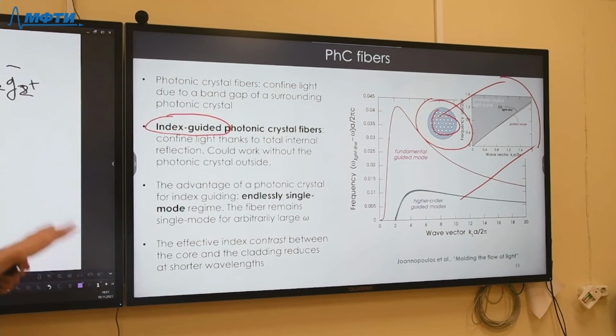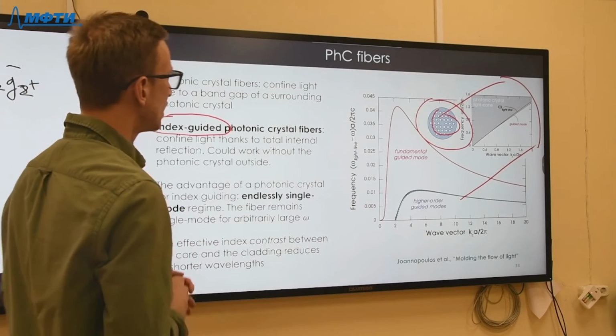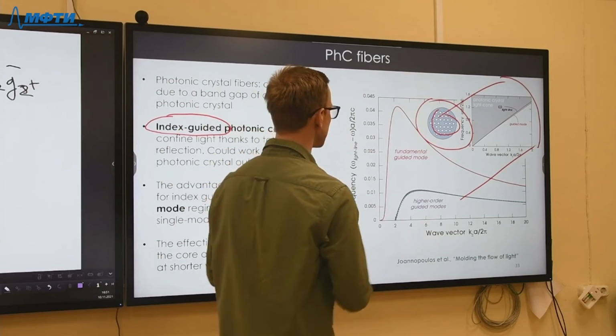It becomes smaller and smaller at shorter wavelength. And when the contrast is small, your waveguide wants to be single mode. It cannot be multi-mode, because when the contrast is small, there is only the fundamental mode that exists in the waveguide.